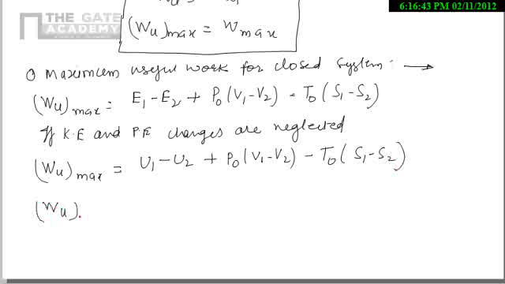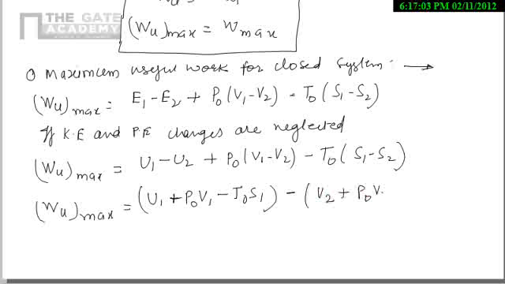So again I can rewrite this: W max equals to (U1 plus P naught V1 minus T naught S1) minus (U2 plus P naught V2 minus T naught S2). So again I can define it as nothing but phi 1 minus phi 2.